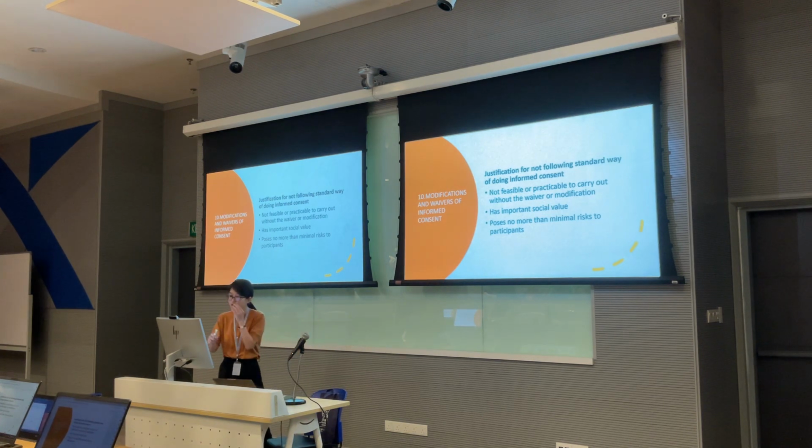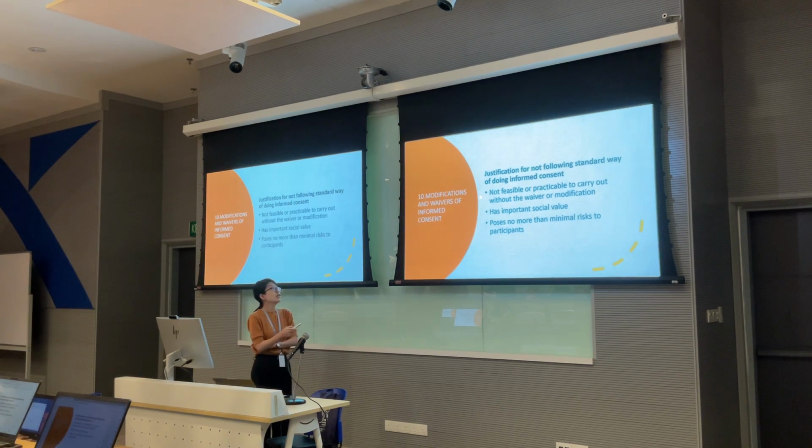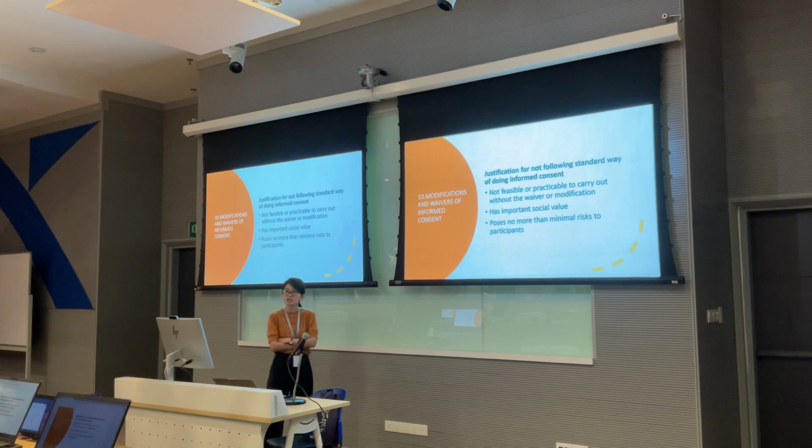Any modifications or waiver of the informed consent will have to obtain pre-approval from the ethics committee. So the justification for not following the standard, the normal procedure for doing the consent form, is that your research study is impossible, not feasible or practicable to carry out without the waiver or the modification.